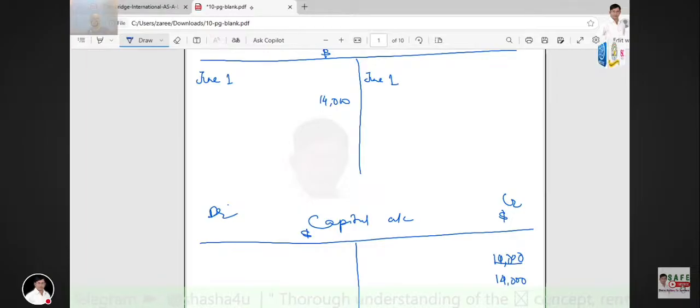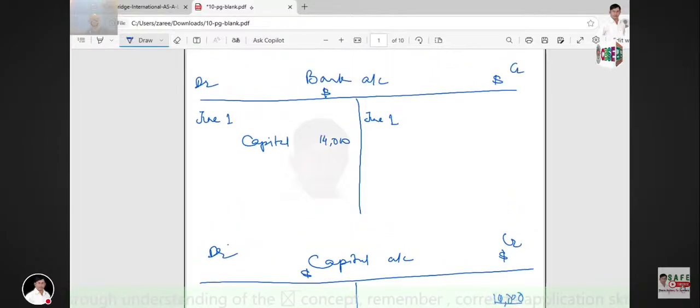So now here we have to write this. Why? Because of capital. So this is known as completion of the entry on the opposite side. Bank account is debited with capital account. Capital account is credited with bank.